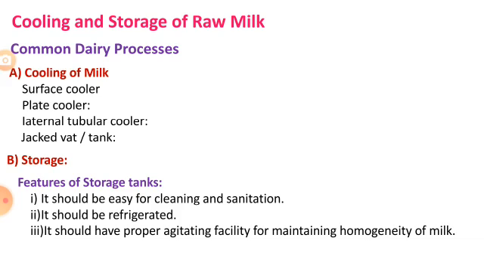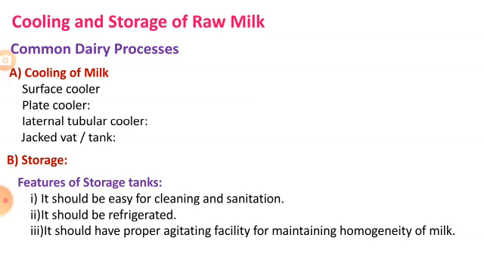The shape and size of the storage tank should be proper, so it is easy to clean and sanitize. The storage tank should be refrigerated, so we can keep the milk below 5 degrees. Last, it should have a proper agitator or agitating facility to maintain the homogeneity of the milk.